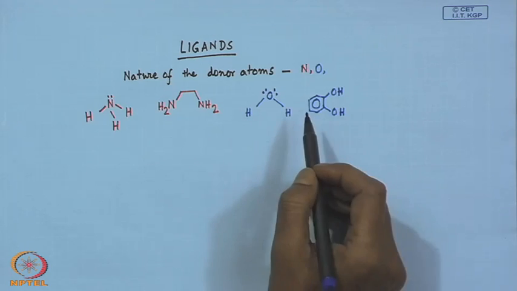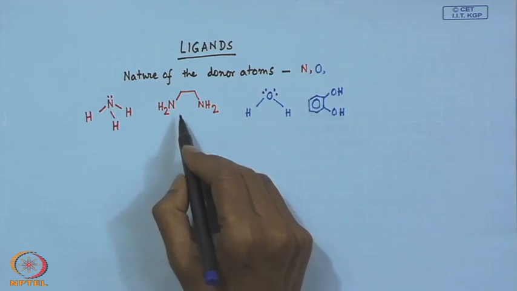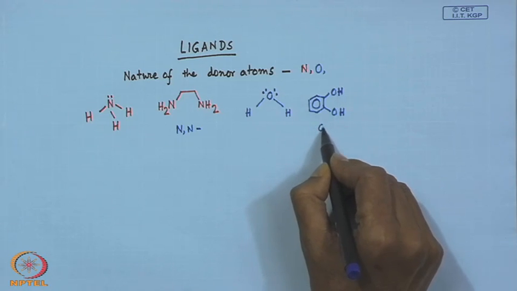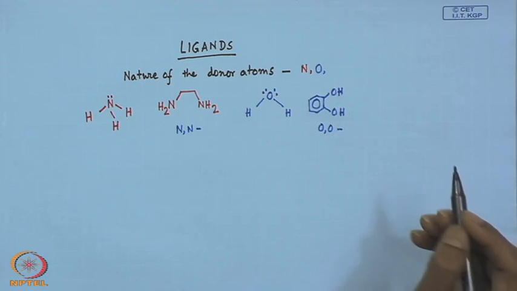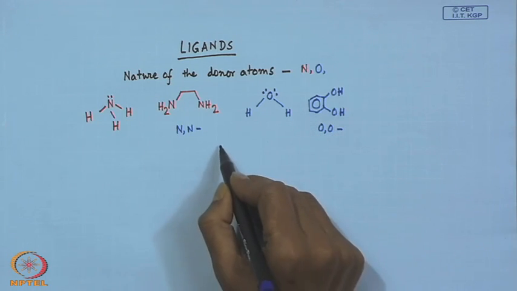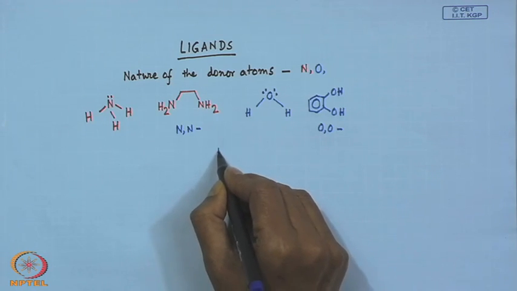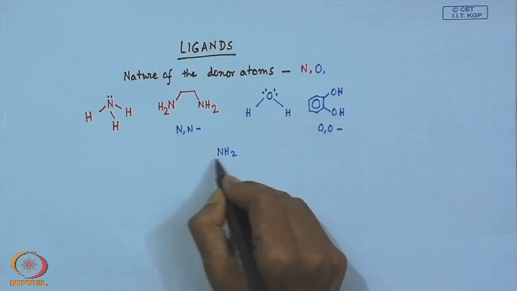So, these are the simple possible bidentate ligands where we can have the nitrogen donor atoms or oxygen donor atoms, and at the same time we can also have the combination of these two.